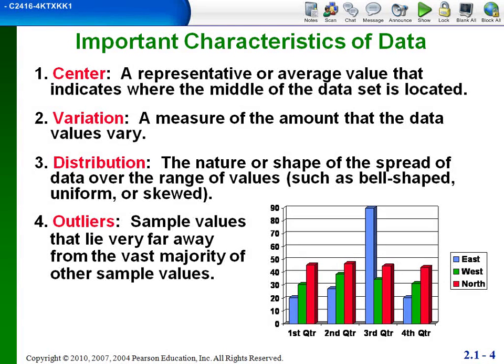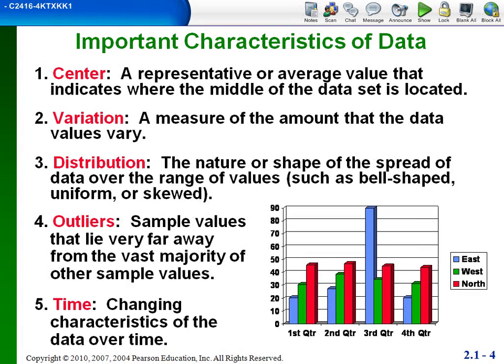Well, people who make huge amounts of money will pull those numbers out of shape. Okay? We'll pull those numbers higher or lower. That's called an outlier. So we want to identify outliers. And some of the graphs will tell you that. And then some graphs will tell you about time, how the data is going over time.